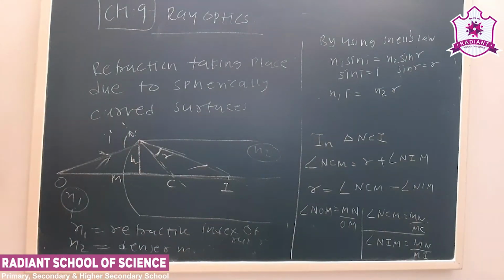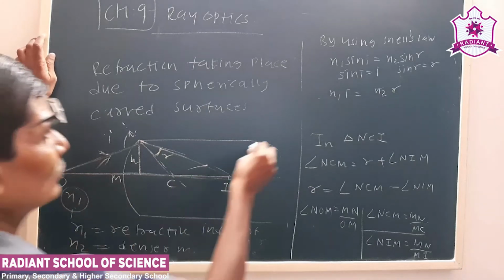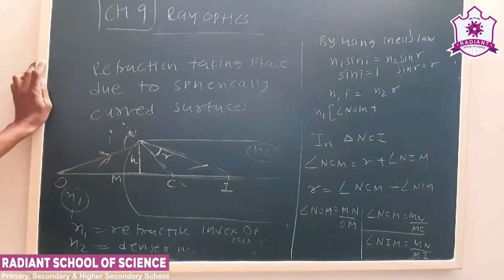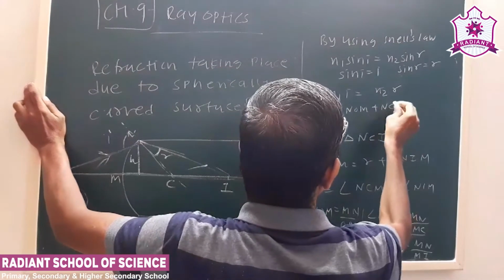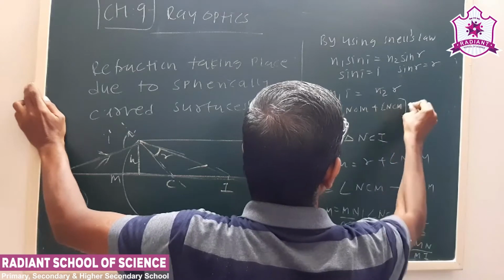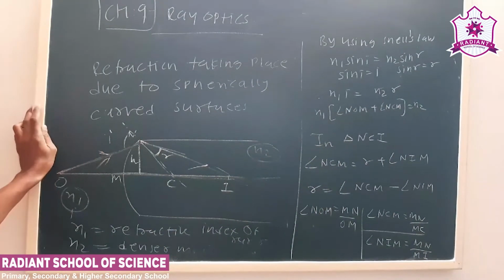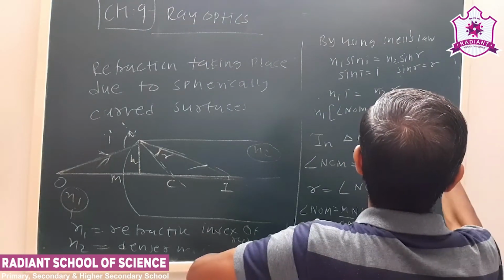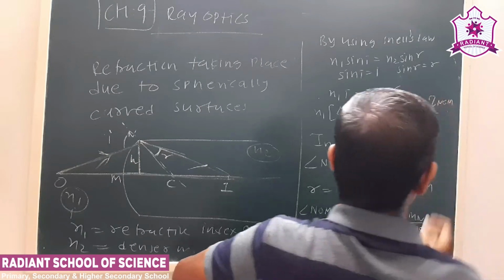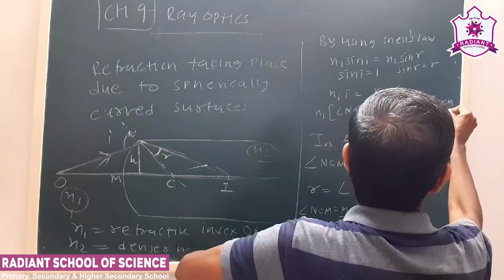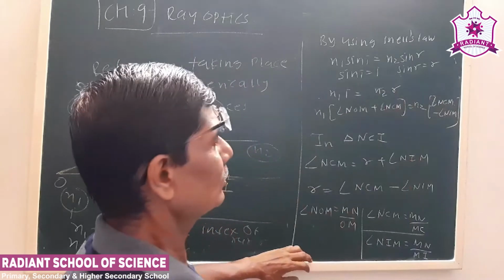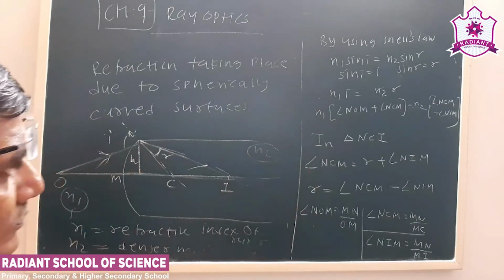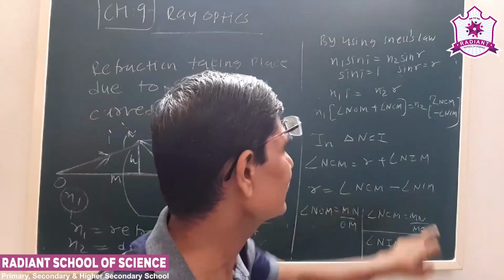Angle i, as written earlier, is NOM plus NCM, and r is angle NCM minus angle NIM.